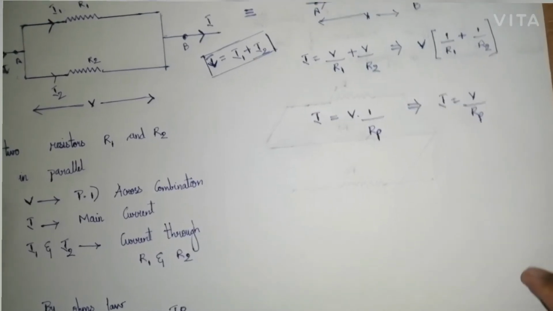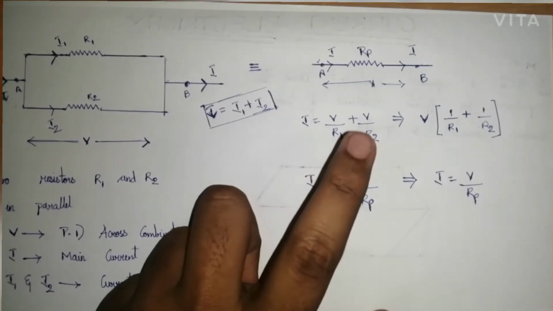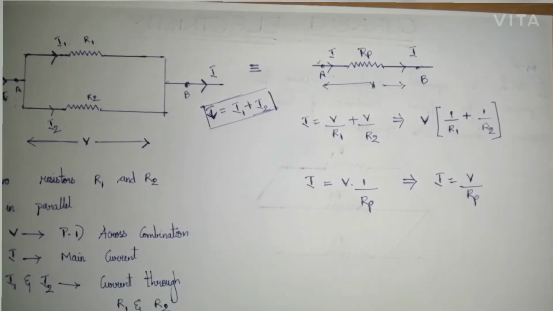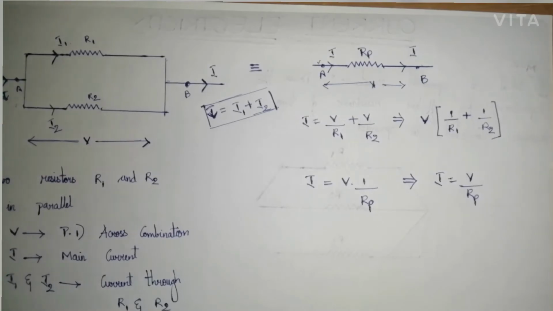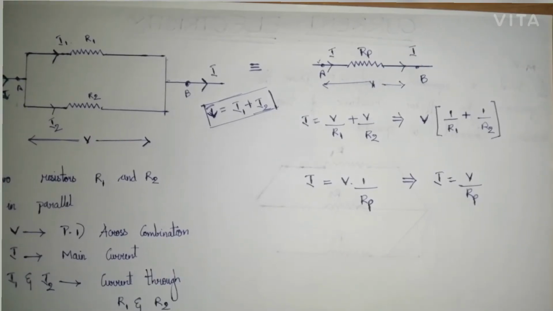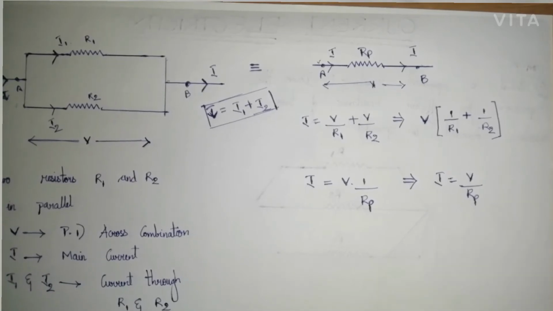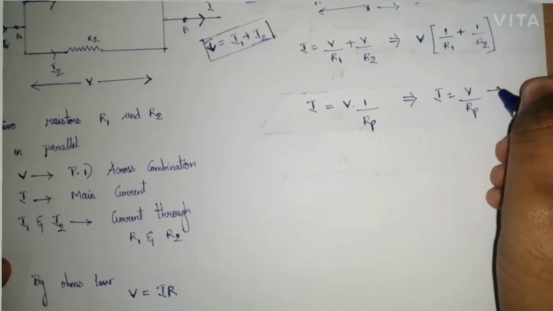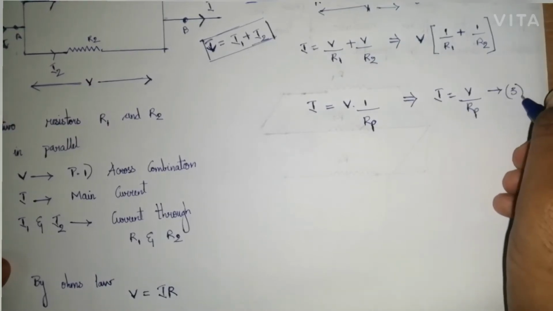That is your parallel. Hope you have understood. It's the same as writing V over R1. So V is equal to IR, that's according to Ohm's law. So your equivalent or your parallel total resistance will be Rp. So you can treat this as equation 3.